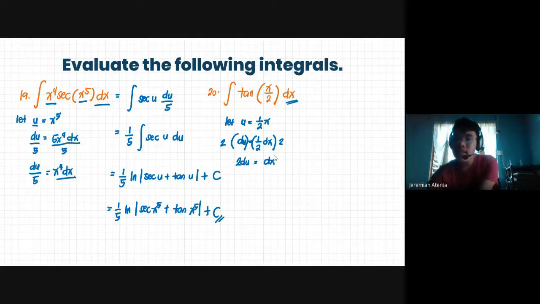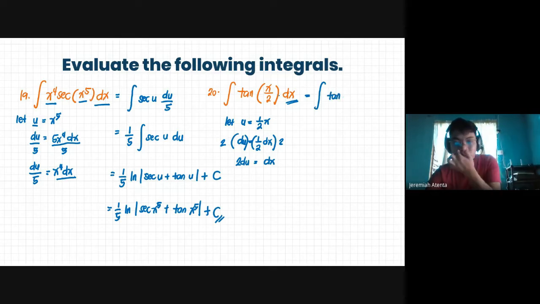So, from that, this expression here, integral of tangent of x over 2 dx, will become the integral of tangent of x over 2. We let that one as u. So, we have u and times dx is now equal to 2 du. Take note ha, dx is equal to 2 du. So, therefore, we have times 2 du.